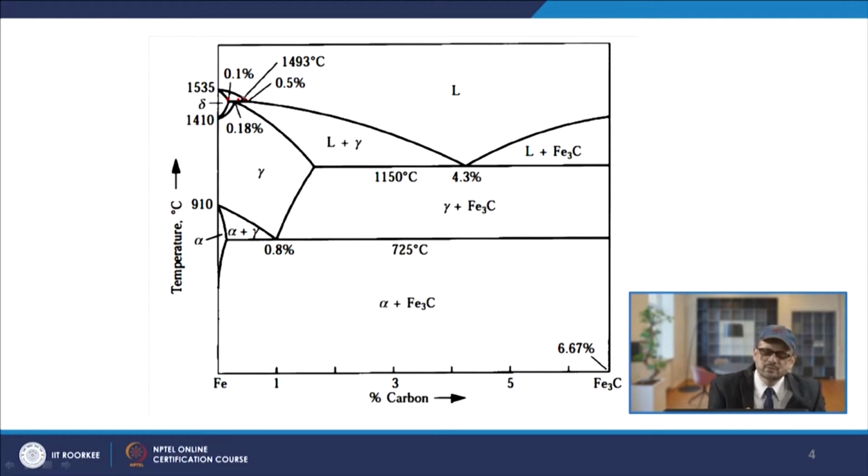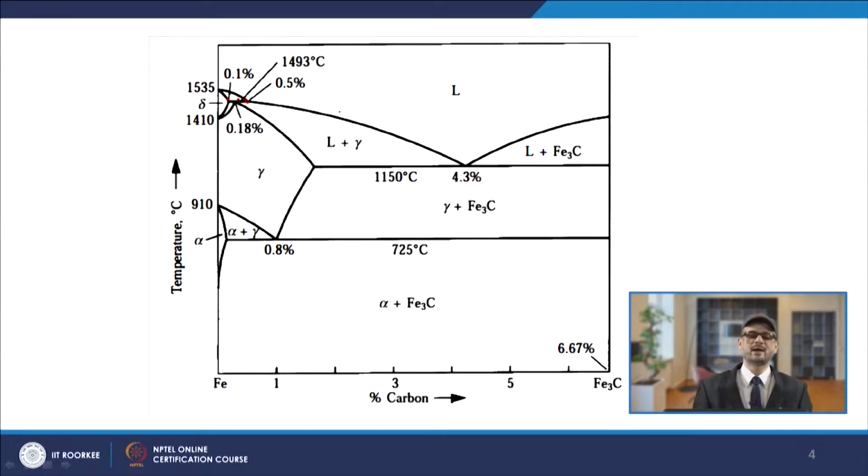So, just below, we are talking about a point where this is 0.18, so this will be 0.2, and just below that it is going into this liquid plus gamma zone. Now, in this liquid plus gamma zone, if you draw a tie line, it will be touching somewhere close to this on this side, and another point will be just here, that is 0.18%. So, one side is for the gamma, another side is for this liquidus line. So, you have the formation of gamma phase as well as the liquid.